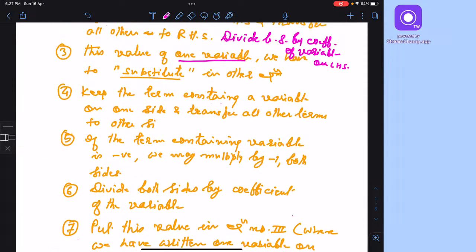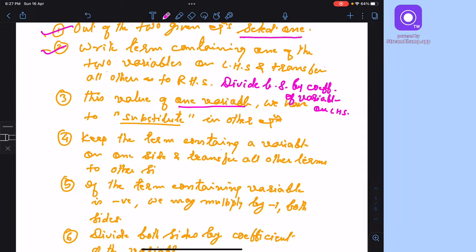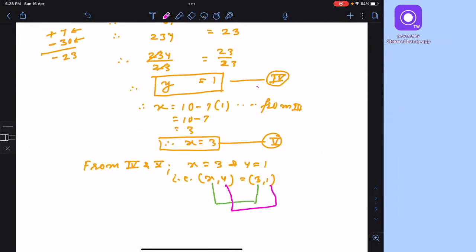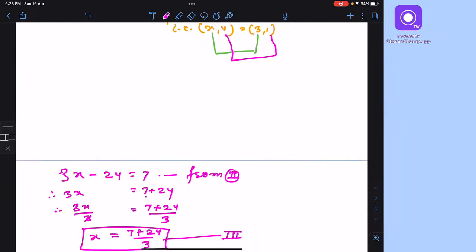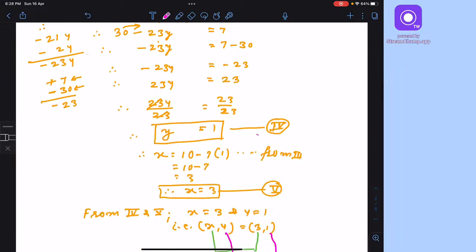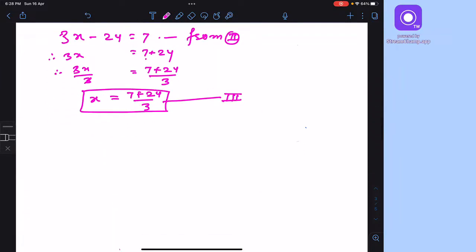Now what we have done, this value of one variable we have to substitute in the other equation. So here I have started with equation number 2. So I have to substitute this value in equation number 1. Equation number 1 is x plus 7y is 10. Okay. X plus 7y is equal to 10.